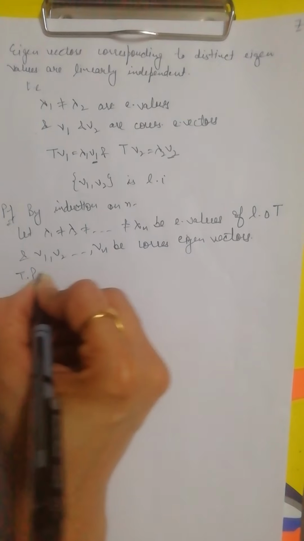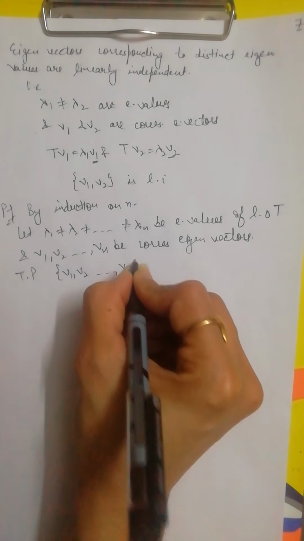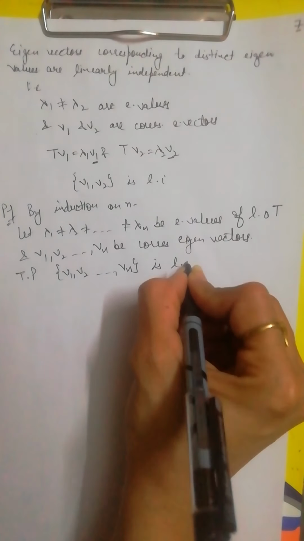To prove: the set v1, v2, up to vn is linearly independent.